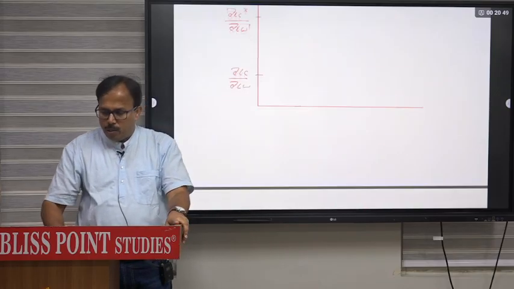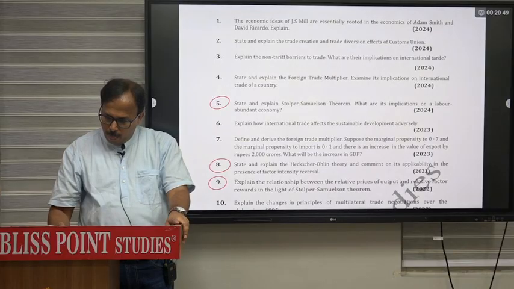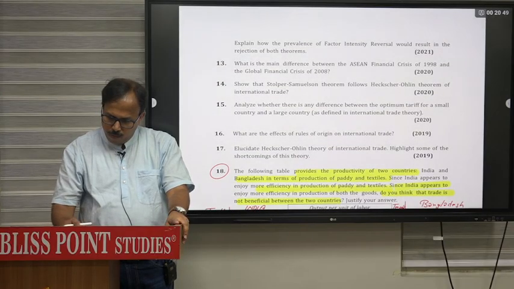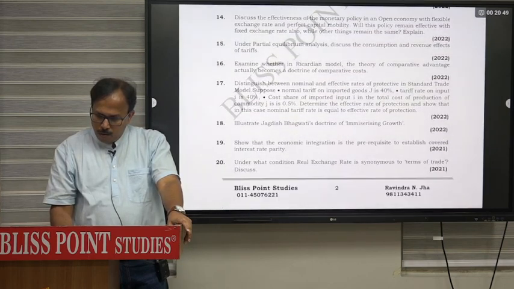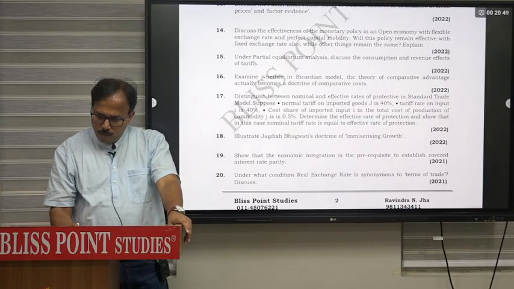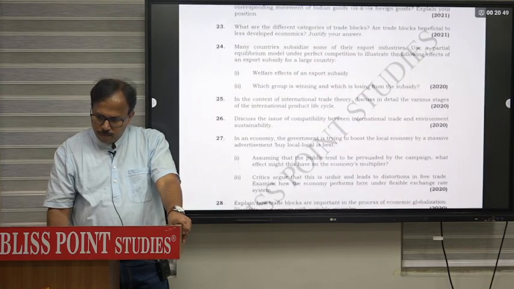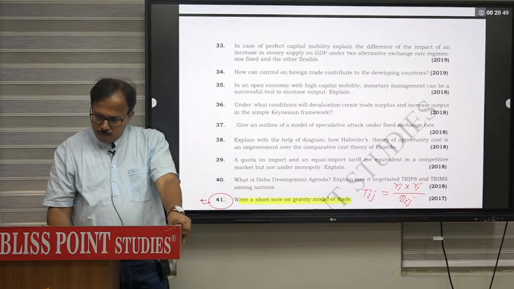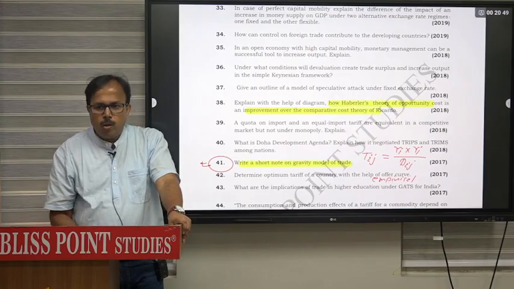Okay, so this point and the relative supply point will be put in the question format. One question is this. Then one more question related to this, question number 16. Question number 38: Explain with the help of a diagram how Haberler's theory of opportunity cost is an improvement over the comparative cost of Ricardo.